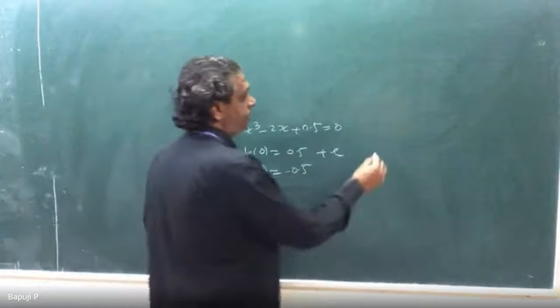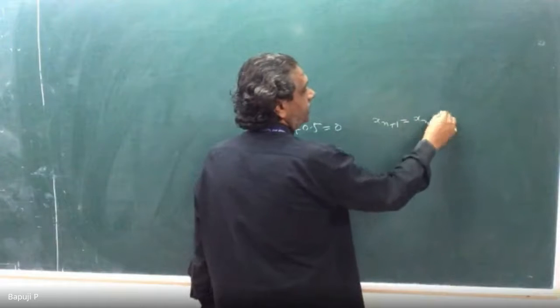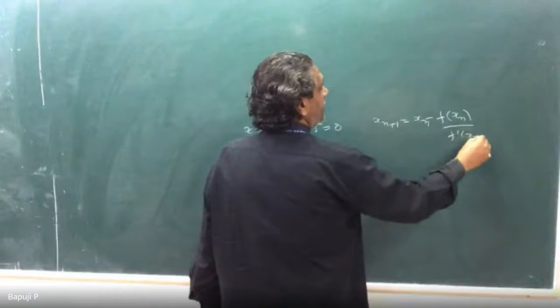Now my formula is x(n plus 1) is equal to xn minus f of xn divided by f dash of xn.